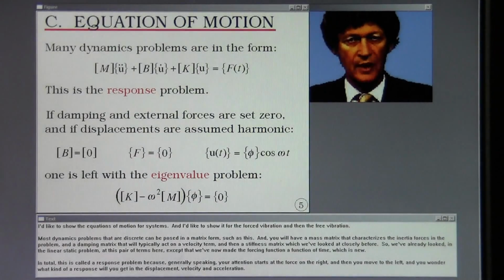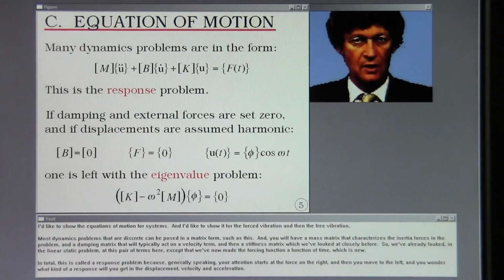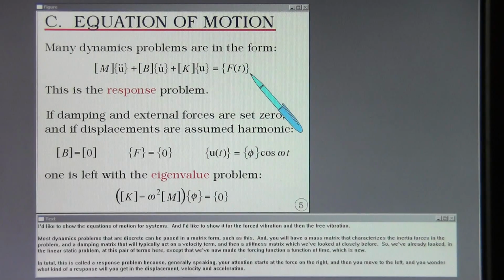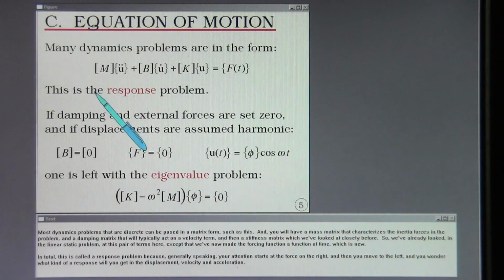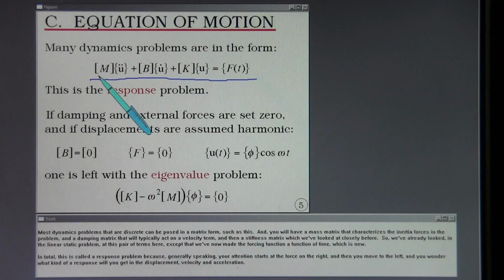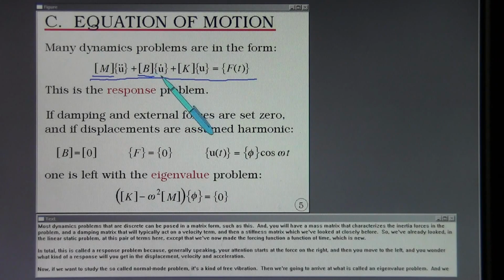I'd like to show the equations of motion for systems, and I'd like to show it for the forced vibration and then the free vibration. Most dynamics problems that are discrete can be posed in a matrix form such as this, and you will have a mass matrix that characterizes the inertia forces in the problem, and a damping matrix that will typically act on a velocity term, and then a stiffness matrix, which we've looked at closely before.